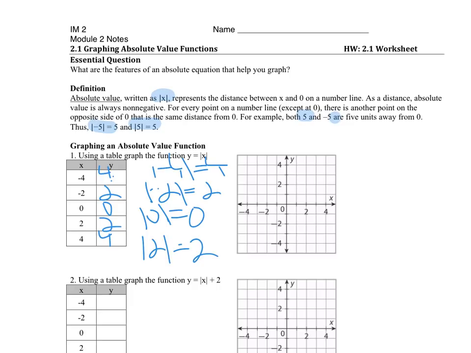So as we go to graph this, we get negative 4, positive 4. We get negative 2, positive 2. We get 0, 0, 2, 2, and 4, 4.